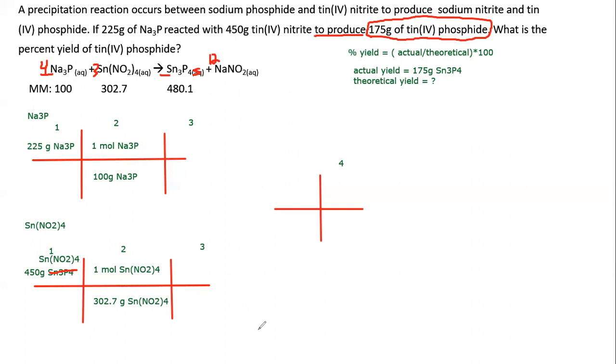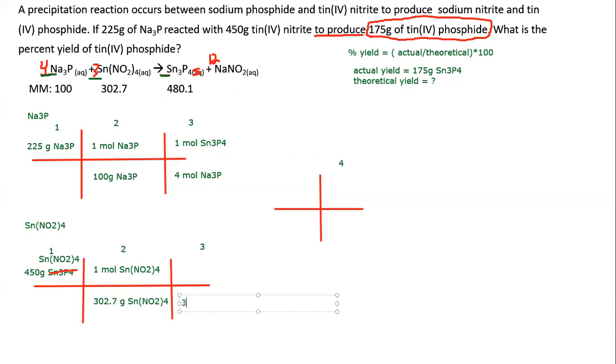So now we look here. We have 4 moles of sodium phosphide producing 1 mole of tin-4 phosphide. Since we're starting with sodium phosphide, it goes on the bottom, and tin-4 phosphide goes on top. With tin-4 nitrite, we have 3 to 1.